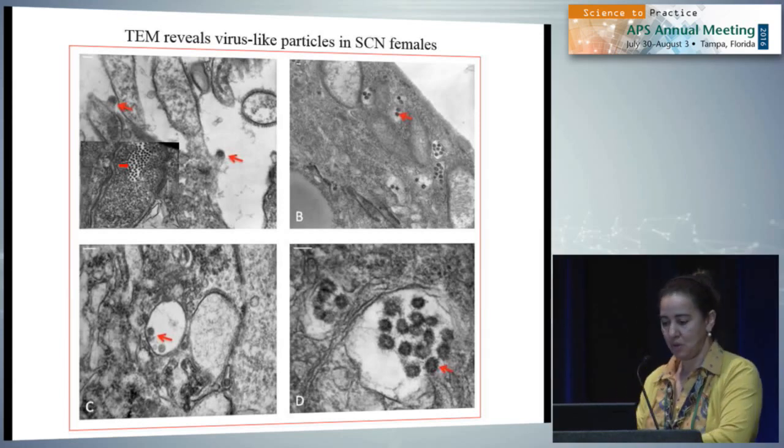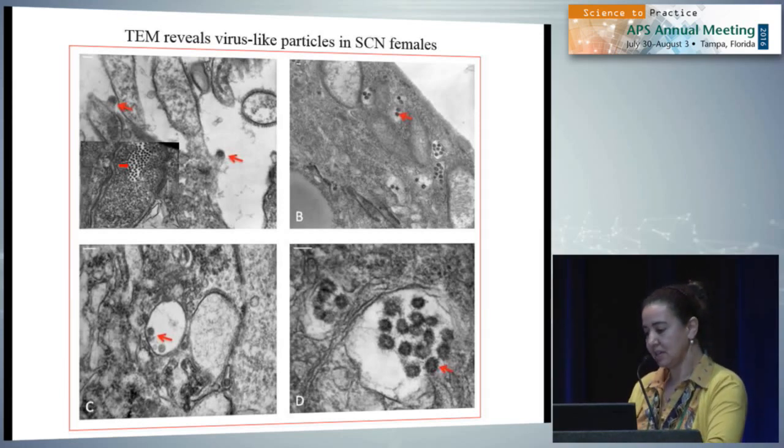In the beginning, we were very surprised by the discovery, and we went ahead and did some electron microscopy to basically verify that we are finding viral particles in those nematode tissues.